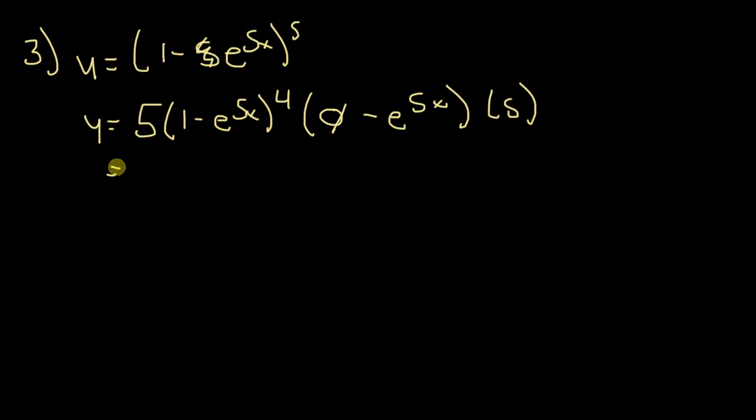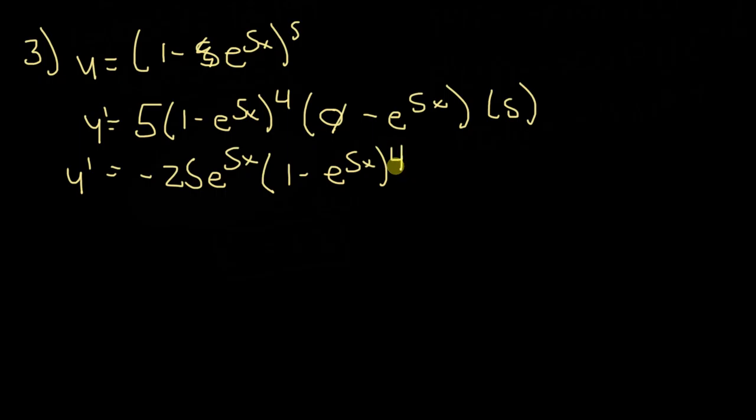So we can collect these terms together and make everything a little more neat. 5 times 5 is going to be 25, but I'm going to also multiply it by this negative. So the negative is going to come out here: negative 25 e to the power of 5x times (1 minus e to the power of 5x), all to the power of 4.